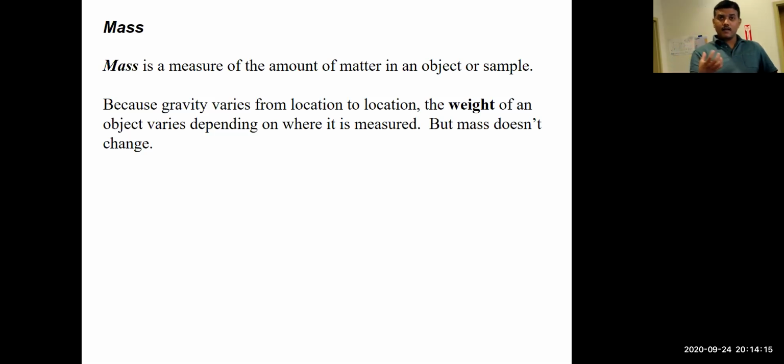So mass is something that you can always rely on. Let me restart. If you think of me, I am made up of a certain number of carbons, oxygens, hydrogens, and the rest of the elements, right?